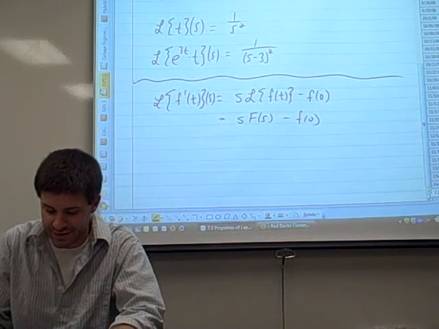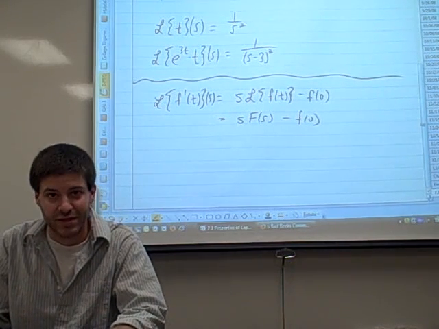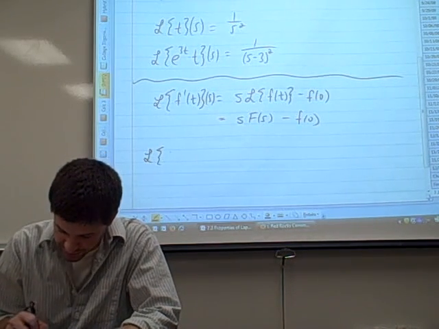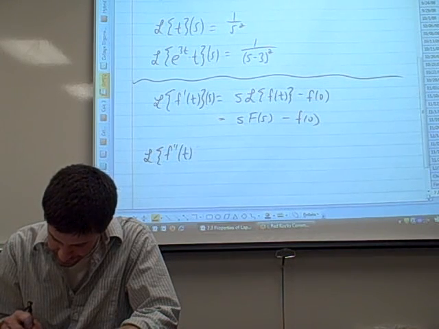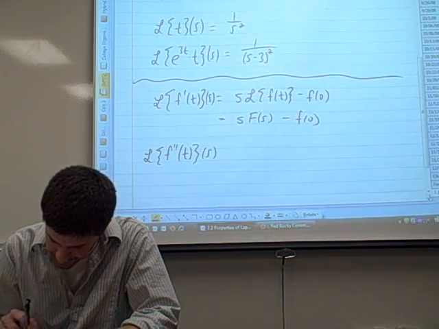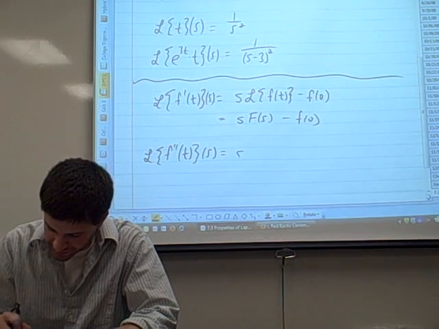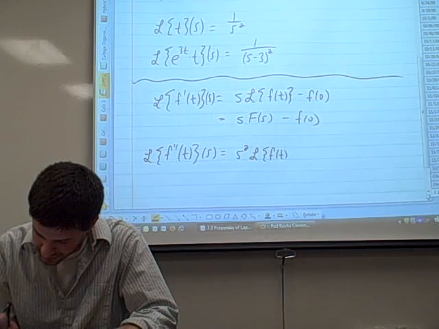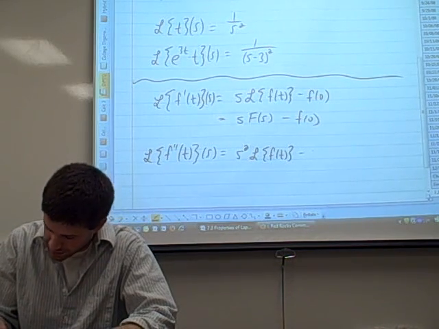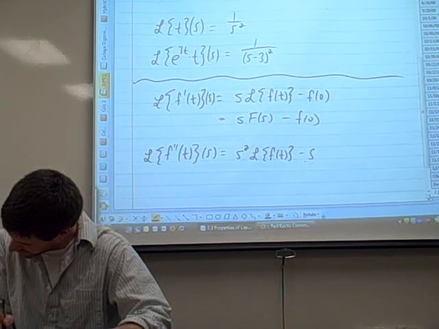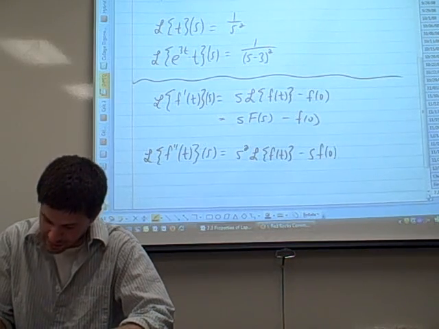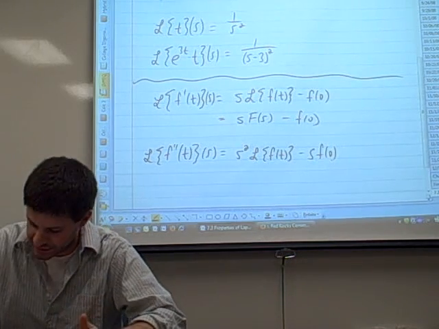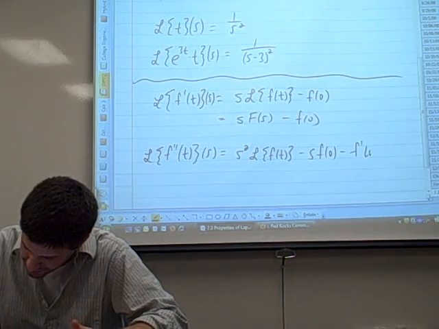Now there's a proof of that on the website, but I'm not going to get into it right now. I'm going to show you the next property, the Laplace transform of a second derivative of a function. Again, it's a function of s, and it's going to be s squared times the Laplace transform of f of t, minus s times the function value evaluated at 0, an initial condition, minus f prime of 0.